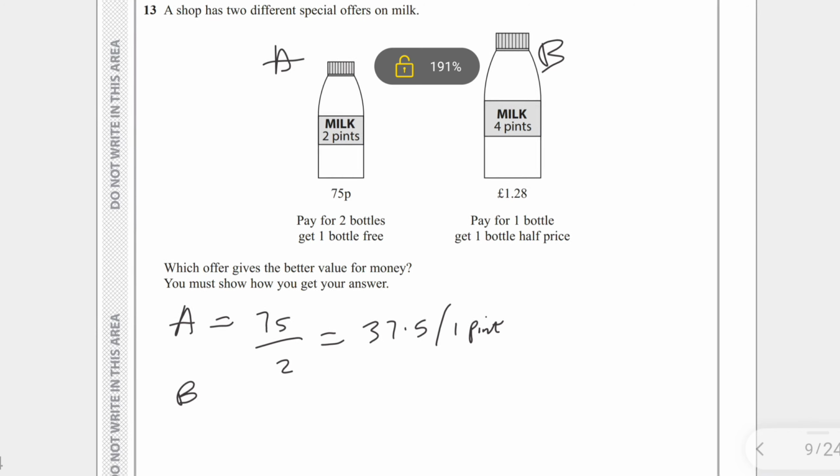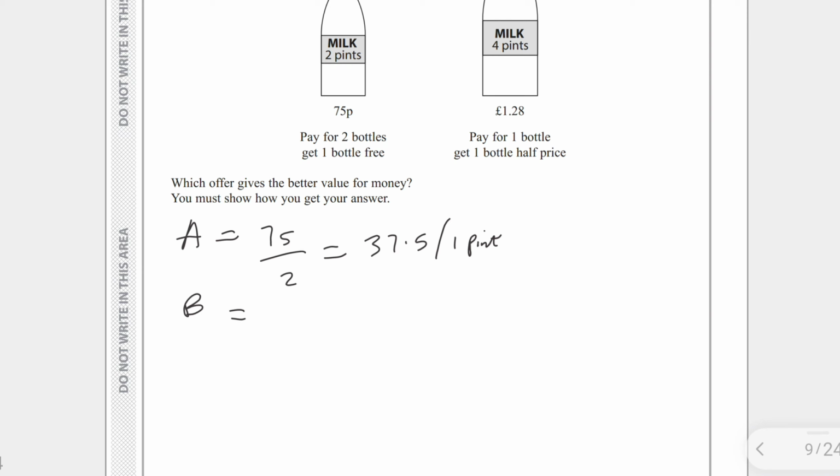Then B, on the other hand, is going to be 128 pence divided by 4. So 128 pence divided by 4 equals 32 per pint.